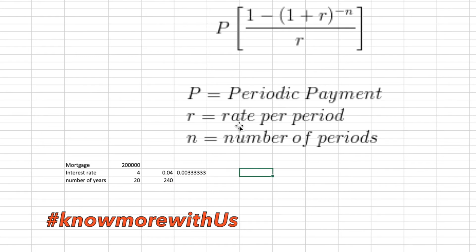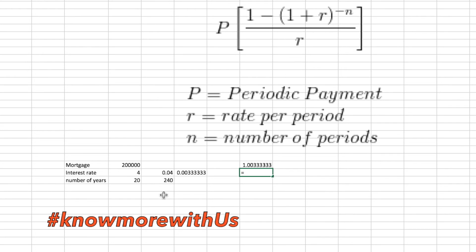And now you just have to use this formula in order to find the monthly payment. The first step is to find the value in the brackets. So the first step is 1. You have to sum up 1 with this number. You get this number, and then you put it to the power of minus 240.